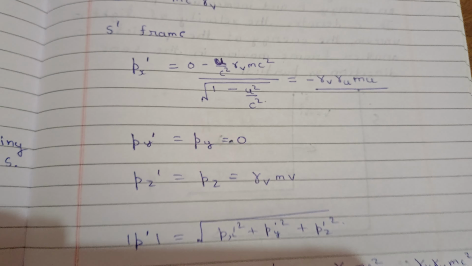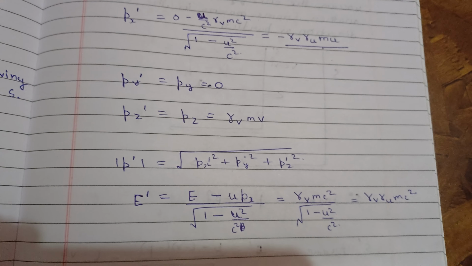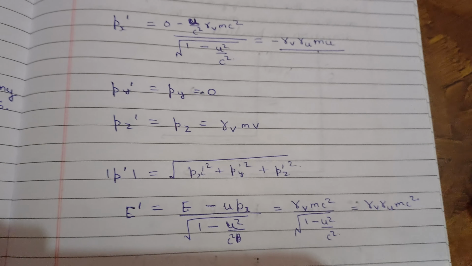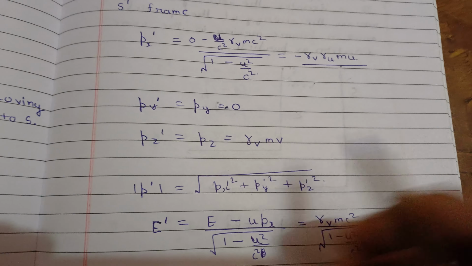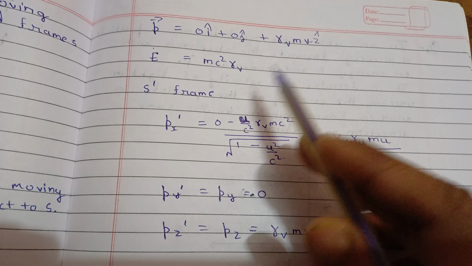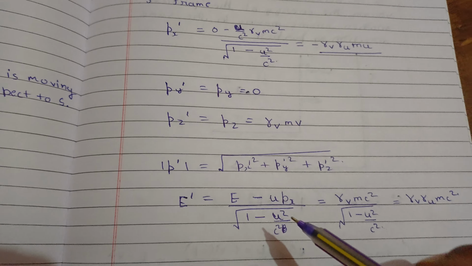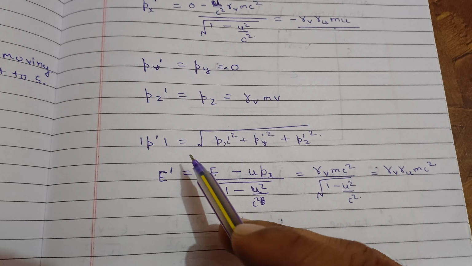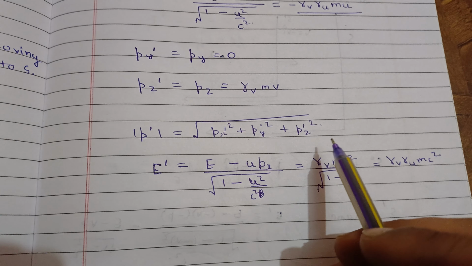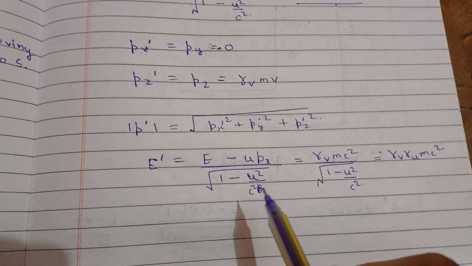Okay, it is not asked in this question, I am just telling you in case it is asked. Here we only need to calculate the E prime, the energy. py prime is equal to py, that is 0, pz prime is equal to pz, that is gamma v mv. We just calculated it here, mv. Okay, now the whole magnitude of momentum will be root of px prime squared plus py prime squared plus pz prime squared. That will give us the gamma v mv again.